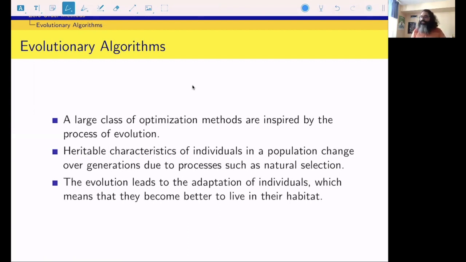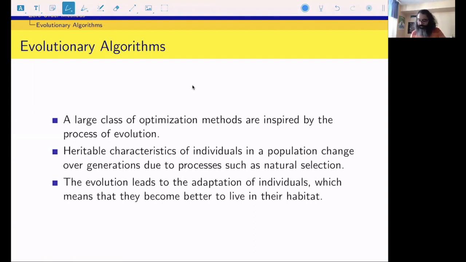Okay, so a large class of optimization methods are inspired by the process of evolution. Evolution is where the heritable characteristics of individuals in a population change over generations due to natural selection and other processes like genetic drift.